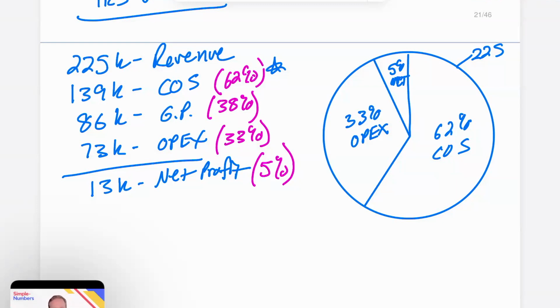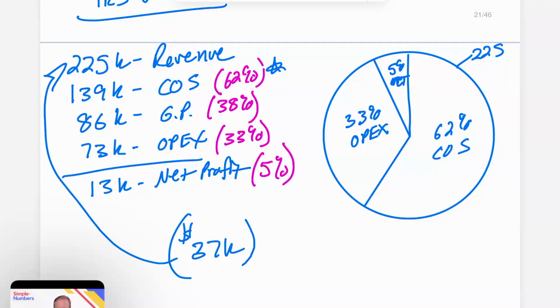Here's why. This is not the adjusted net profit. This is the profit number based on our P&L, which doesn't always tell the true picture for a couple of reasons. One, how much production the owner did where they paid themselves 0%, $0, 0% in cost of sale, right? The owner did, in this case, about $37,000 in their own revenue of the $225,000, where they paid 0% in split to them.